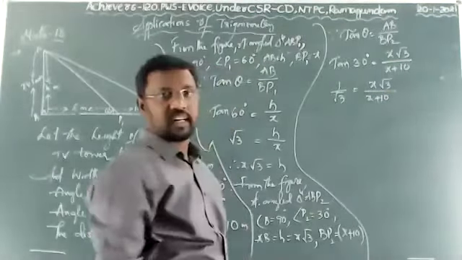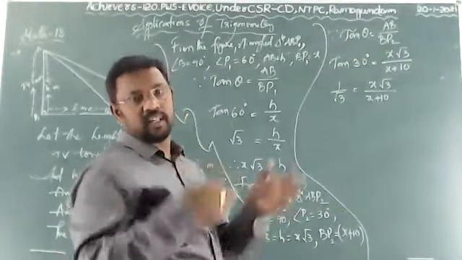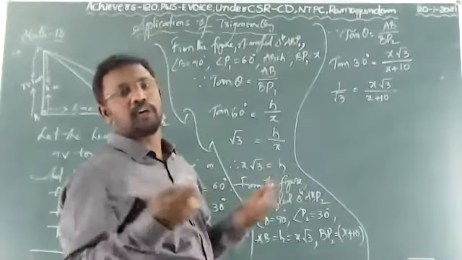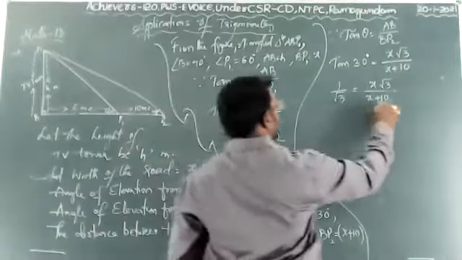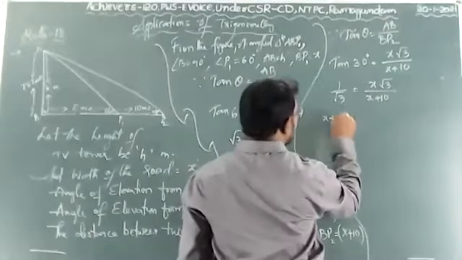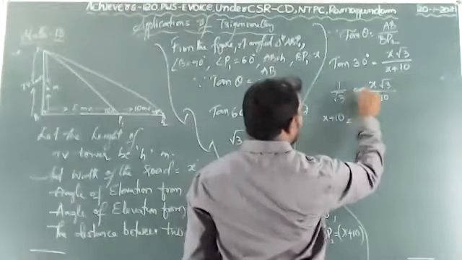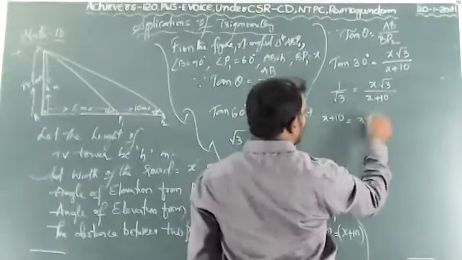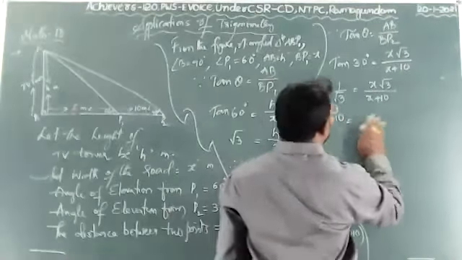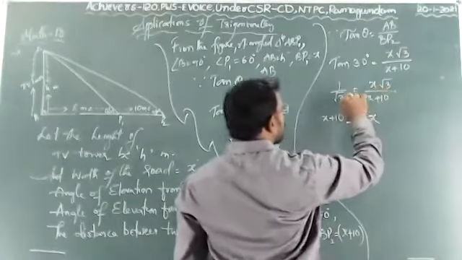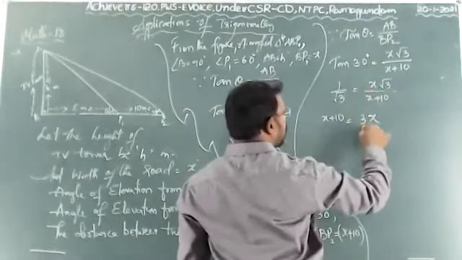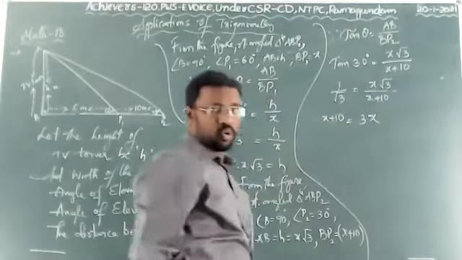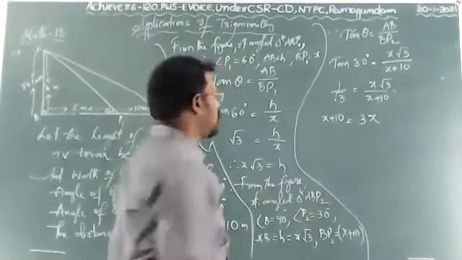Now calculate here. Cross multiplication: X plus 10 into 1 is X plus 10. X root 3 into root 3, how much? 3x. Root 3 into root 3 is 3, and x. 3x nothing but.